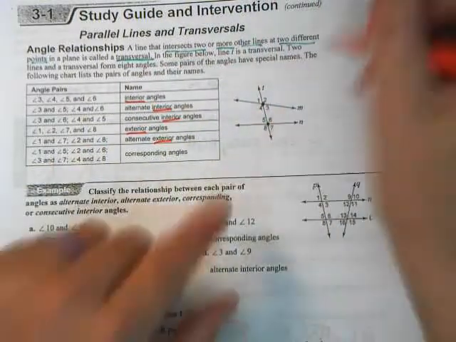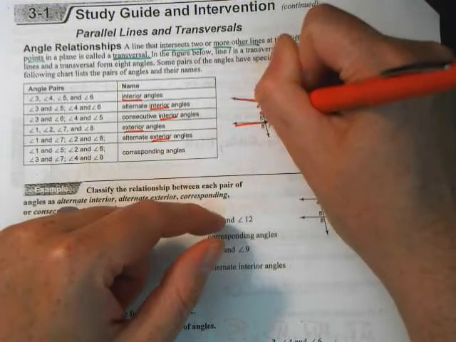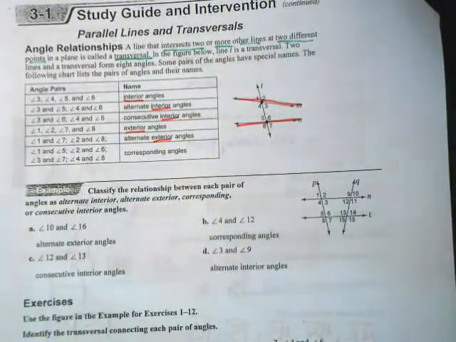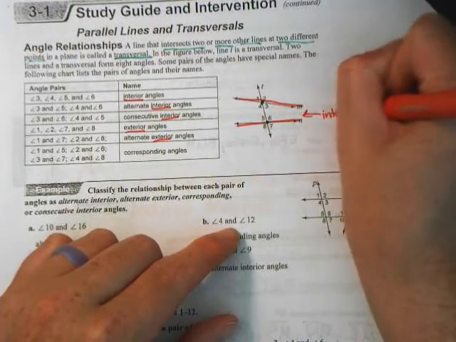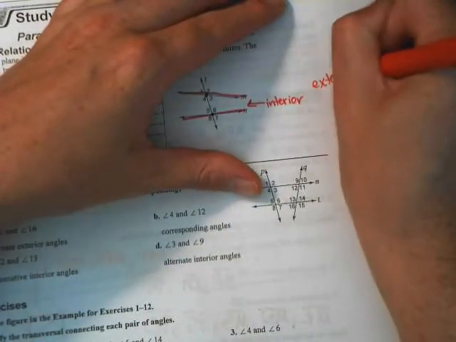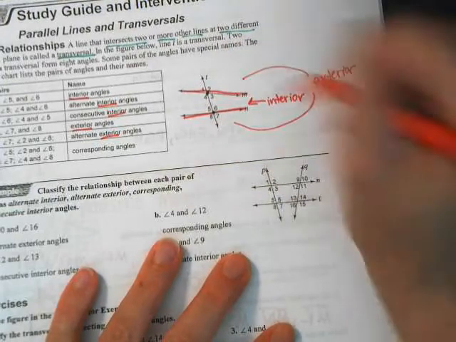Those are all referring to the 2 lines. Are you interior between them or exterior outside of them? Okay. Interior. Exterior. Okay. Try to straighten this out a little bit.